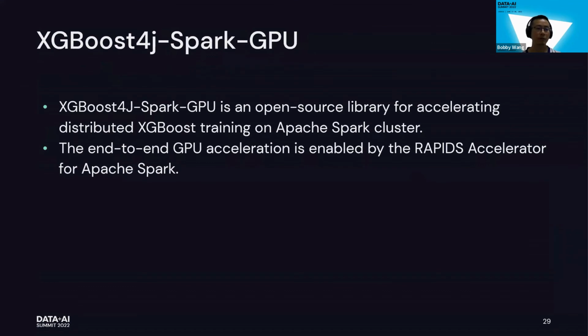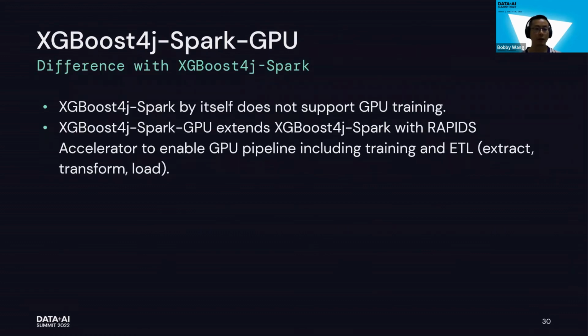So let's get back to XGBoost for Spark GPU. XGBoost for Spark GPU is an open source library for accelerating distributed XGBoost training on Spark. It has the ability to use the RAPIDS Accelerator to speed up the end-to-end GPU acceleration. We already have the XGBoost for Spark project.